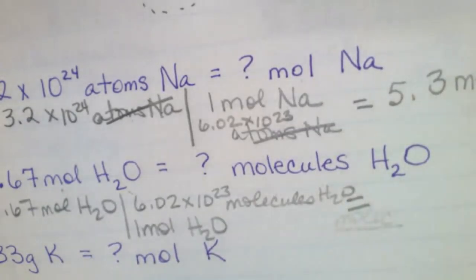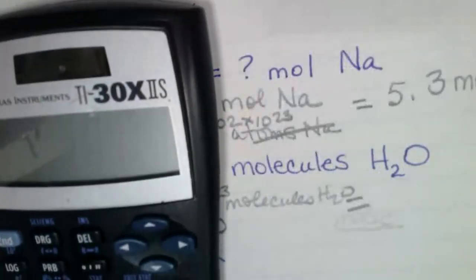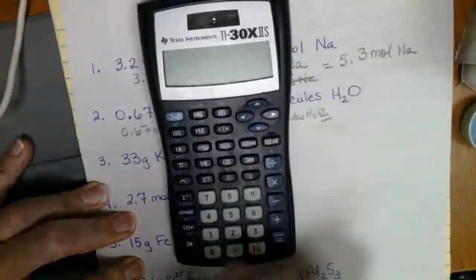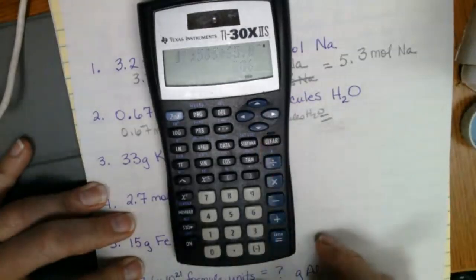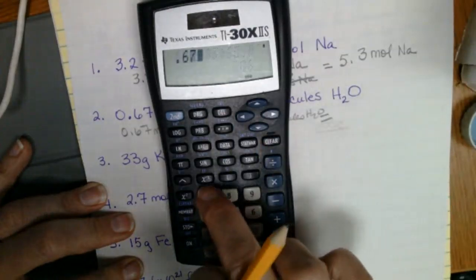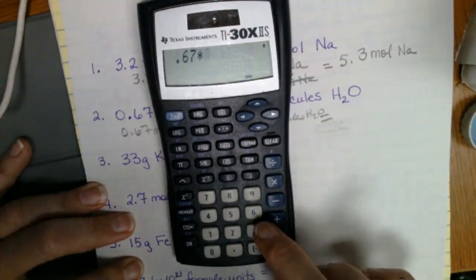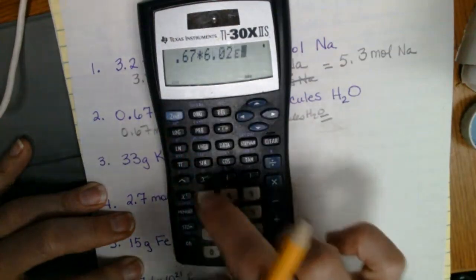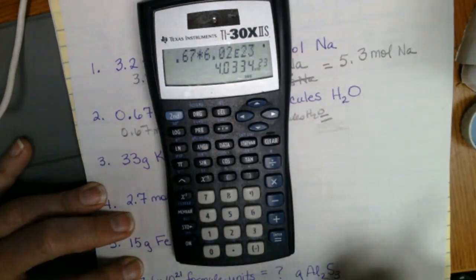Now I'm going to do the math. I'm going to do it this time on this type of calculator. It's a little less fancy. Let me see if I can raise this up some so you can see what I'm pushing. All right, I'm going to have 0.67 times 6.02 E23.